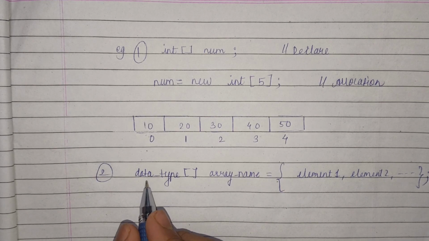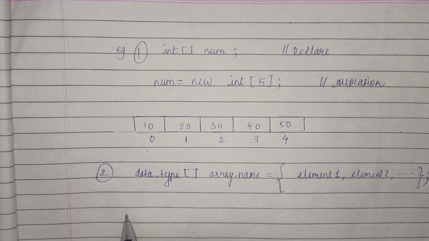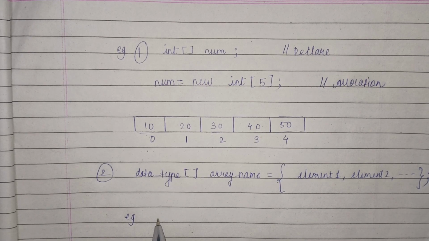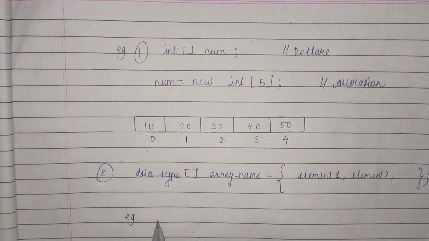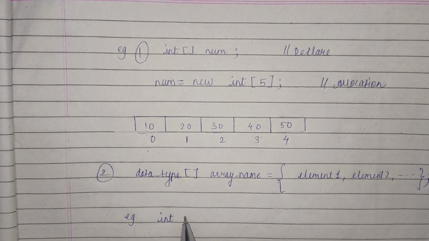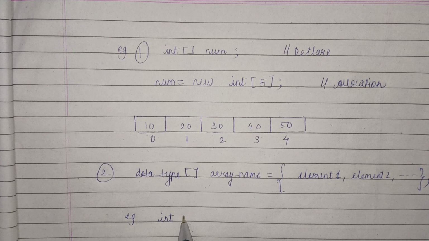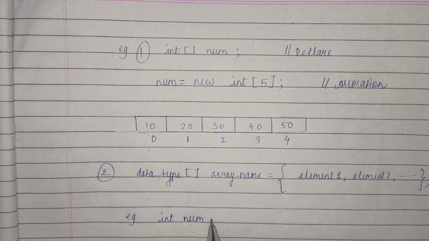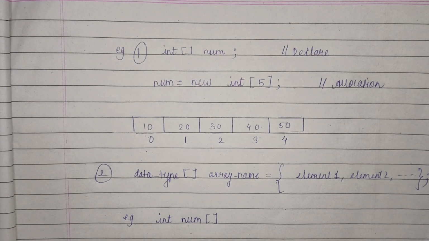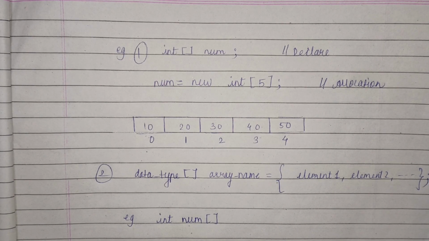So let's take an example for this. We have to declare the data type, let's take int, and the array name, let's take num. While creating the array we have to declare the square brackets.